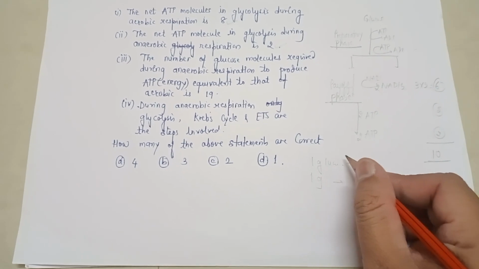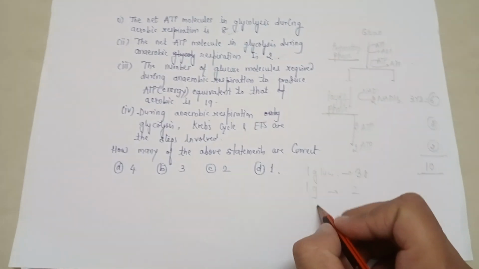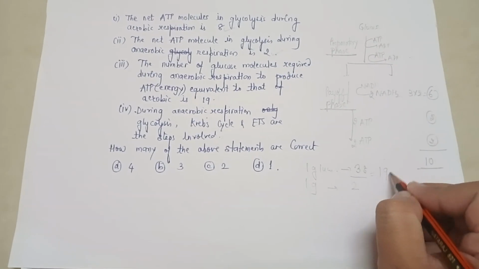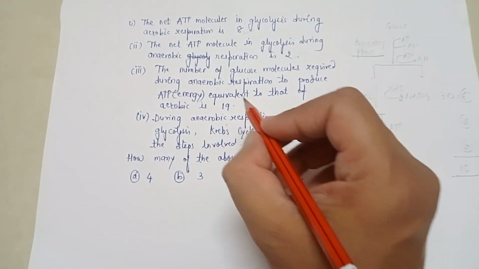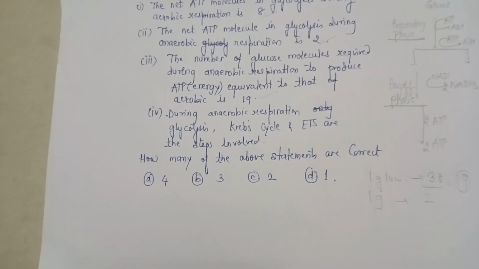So to produce the amount of energy equivalent to aerobic respiration, it will be 38 divided by 2, which is equal to 19. So therefore 19 glucose molecules will be required. So that is a correct statement.